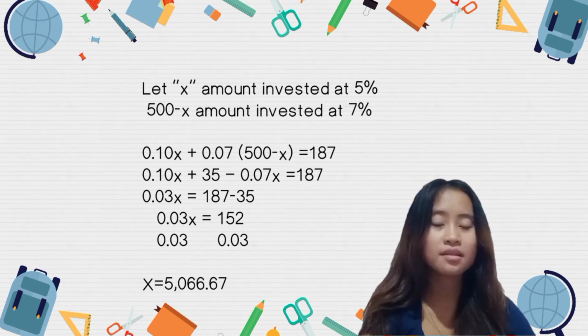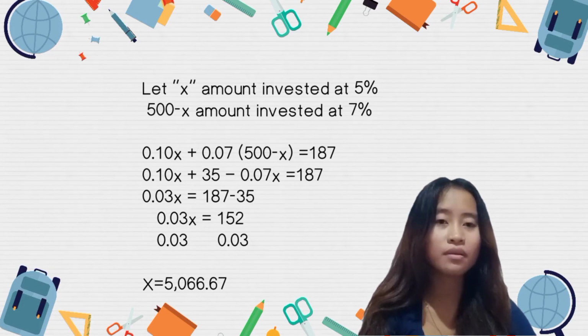So next is 0.03x equals, we subtract 187 and 35, the answer is 152. So divide both sides by 0.03. Cancel the 0.03 over 0.03. To get the x, we divide 152 by 0.03. The answer is 5,066.67. So that is our x.